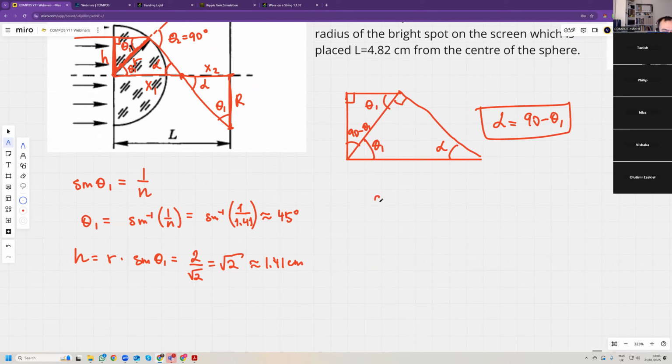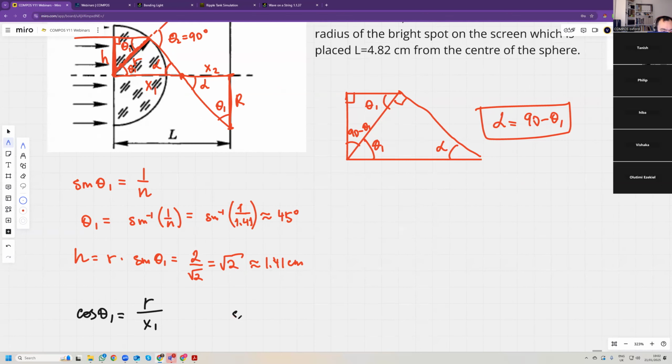Now we're going to use a lot of trigonometry here. So for the top triangle, for this triangle, we have cos theta 1 is r over x1.